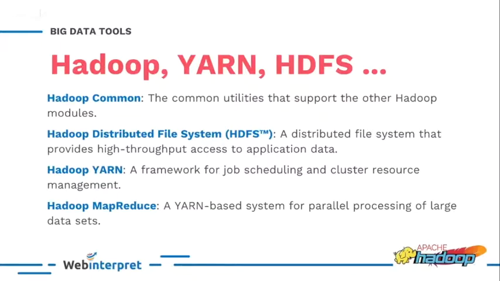That's not the only distributed file system you can use, but it's the one which comes just out of the box. The YARN framework for scheduling your work across the nodes in the cluster, and the most important, MapReduce, which is a system for parallel processing.